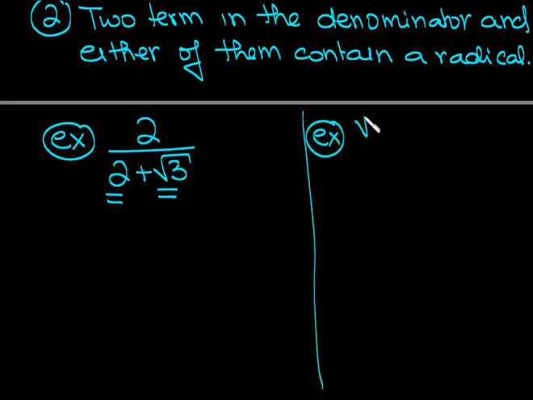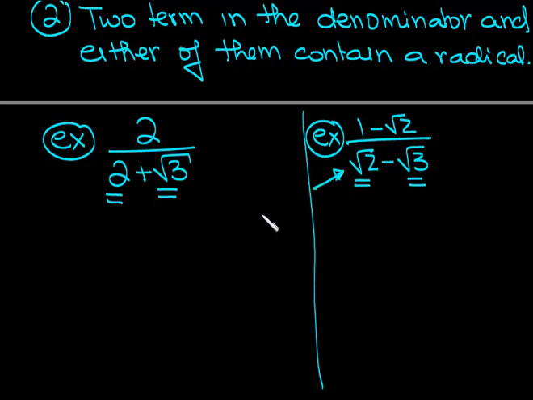I could have 1 minus square root of 2 over square root of 2 minus square root of 3. So these are your two typical problems you could come across. I have two terms in the denominator. Either both of them have radicals or one of them has a radical. But the key thing is I cannot have a radical in the denominator.